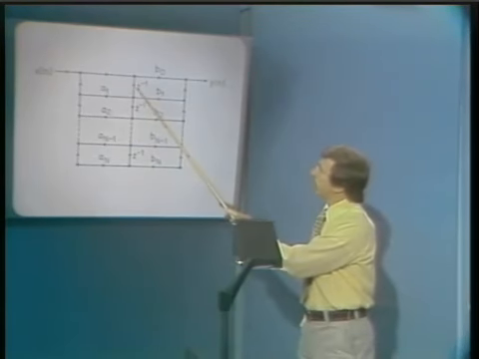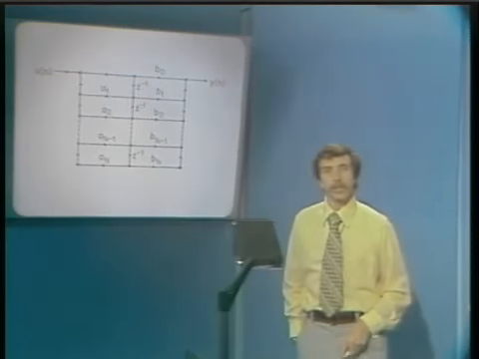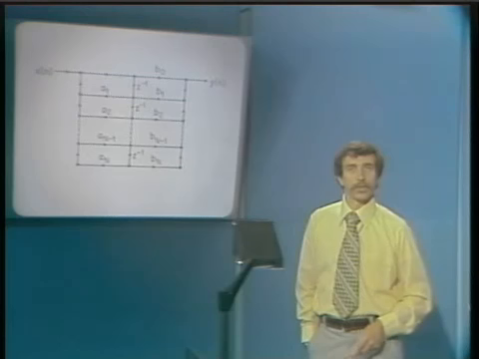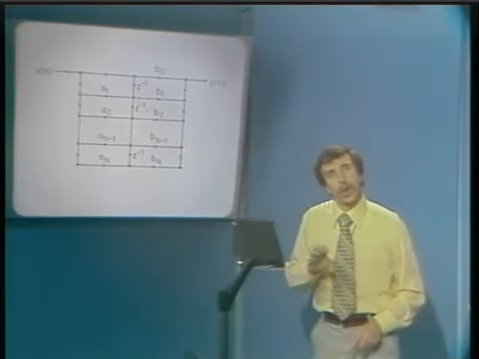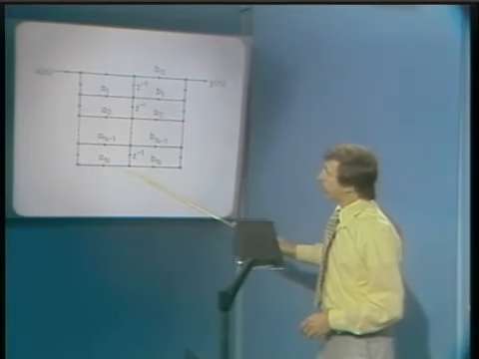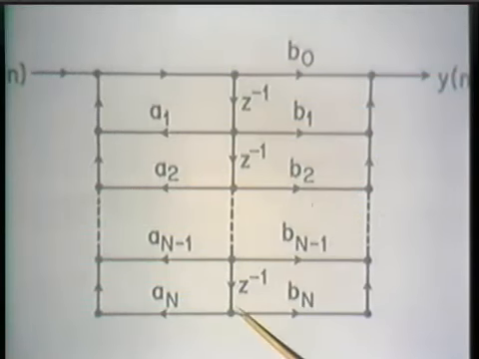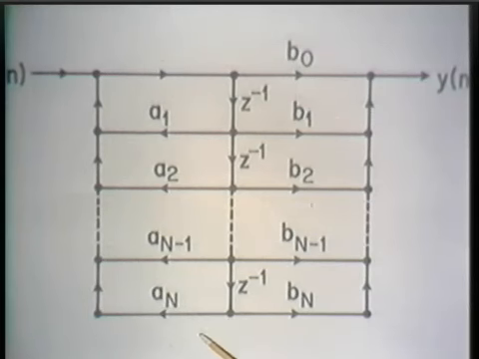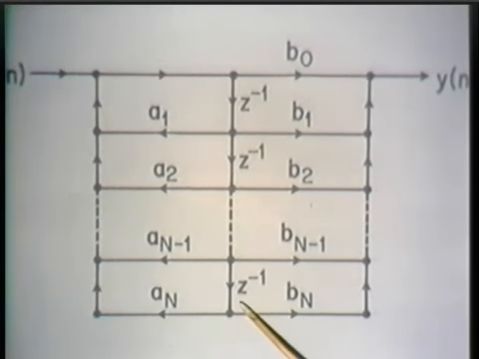Because each z to the minus 1 that appears in the structure requires in the implementation a register to store the value, in other words, to hold it for the next iteration. So in this structure, as it's implemented here, we have n delay registers, where again I'm assuming that capital M was equal to capital N. There are n delay registers, whereas in the first network that we generated, the network corresponding to the zeros first and then the poles, there were 2n delay registers.